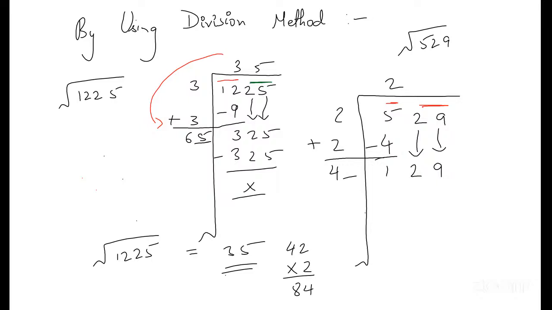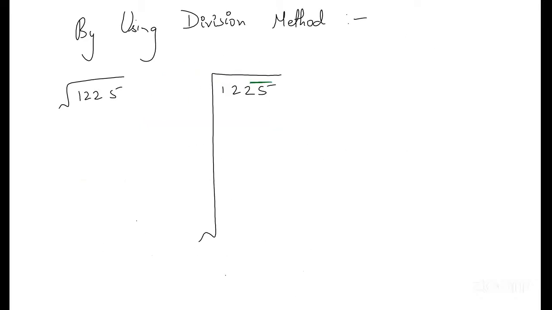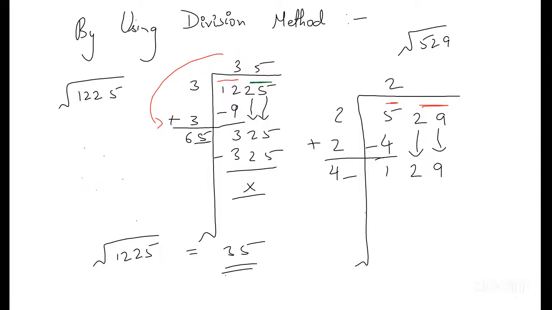I'm only getting 84. Let's try with 3. Ma'am, it will only work with odd numbers because the last digit is odd. Yes, we can try with odd numbers. 3 threes are 9 and 4 threes are 12. There I got the 129. The answer is 23, and the remainder is 0.